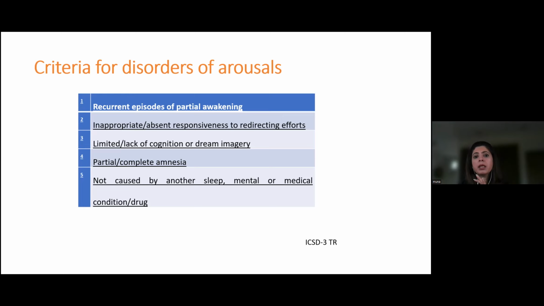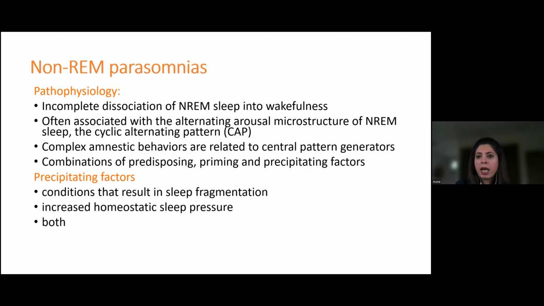There may also be snippets of dream imagery. Back in the day, we thought there was no dream mentation at all, but multiple case series and case reports show there can be snips of dream imagery, though not very vivid, detailed, or elaborate. The fifth one is that it should not be caused by other external factors, such as mental health or medical conditions, or medications. These criteria apply to all of these disorders.